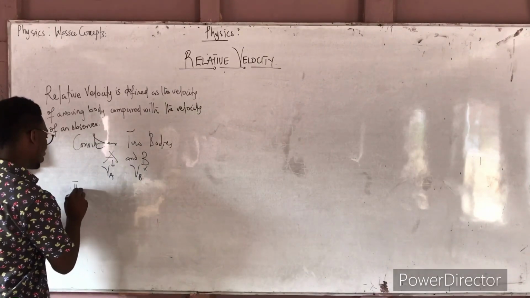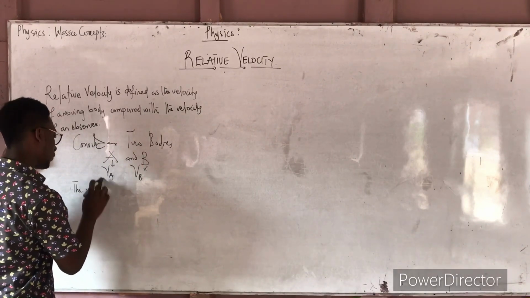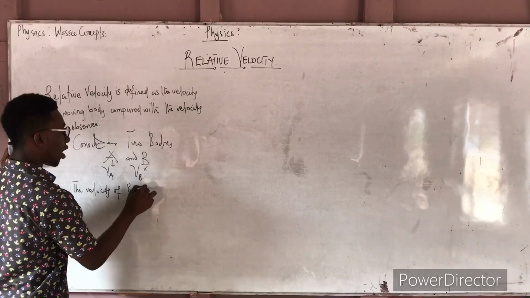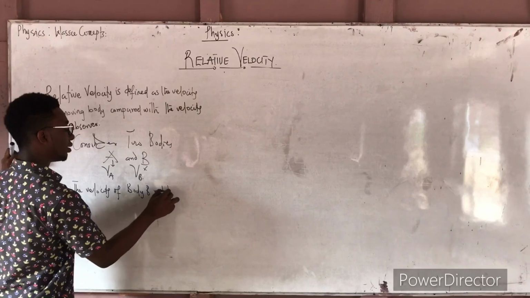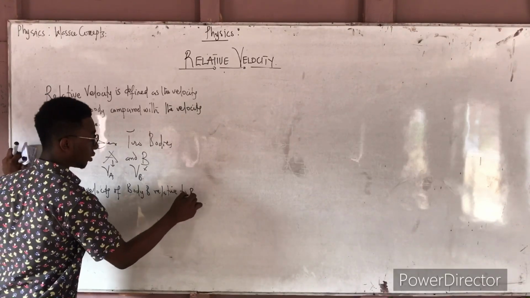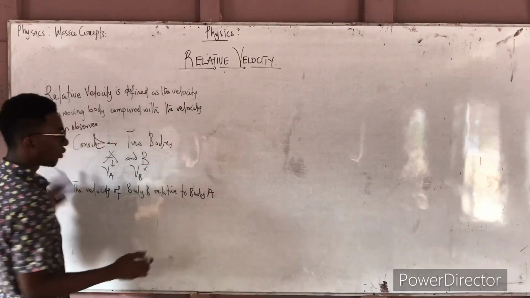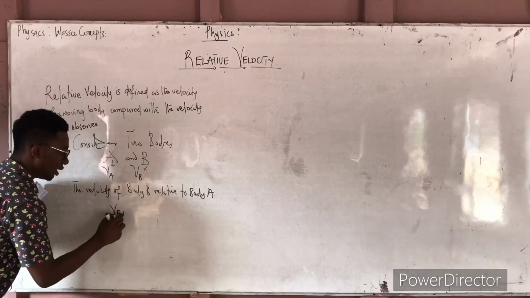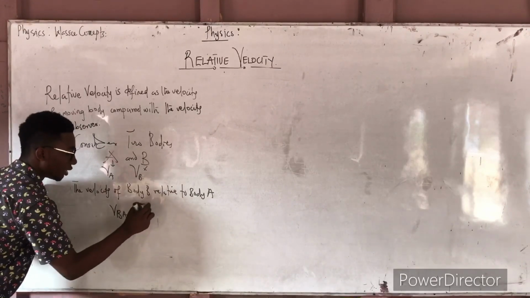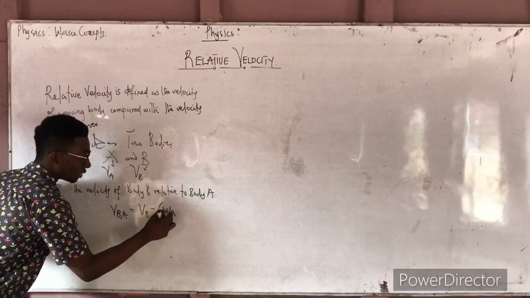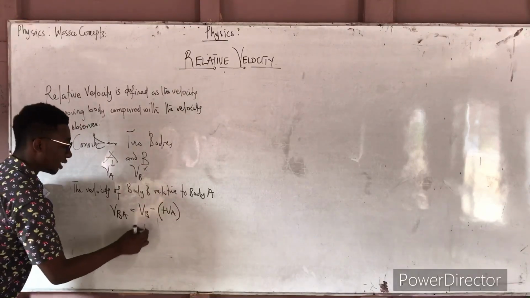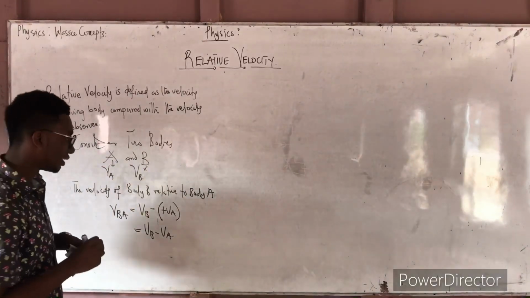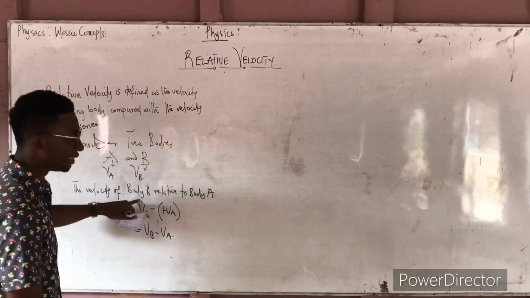Then the velocity of body B relative to body A is given as VBA, which is VB minus VA. So you need to find this. What it means is that we want to see how body A will see body B.